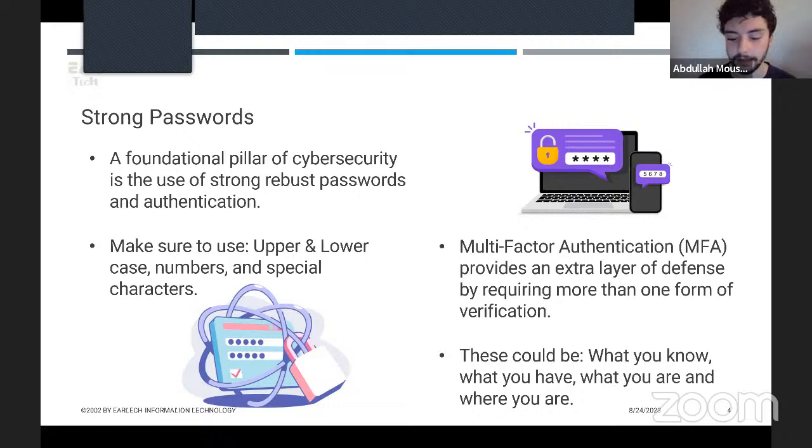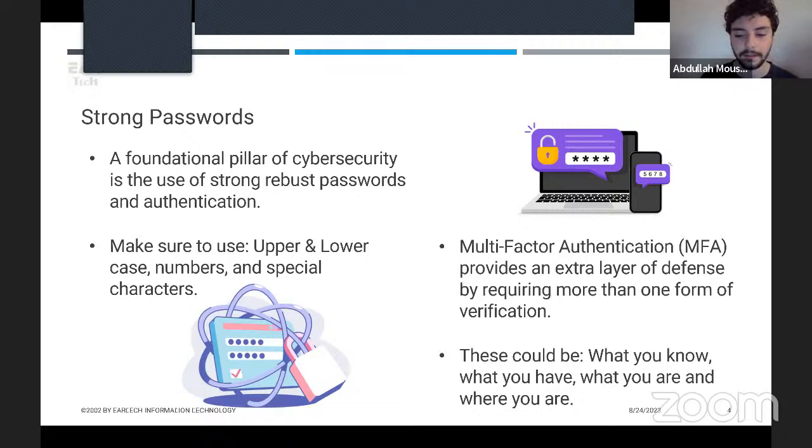Yeah. So what you are is probably the one that you use every day. What you are could be fingerprints, could be facial recognition, just what a lot of modern smartphones come with. And the last one is where you are.